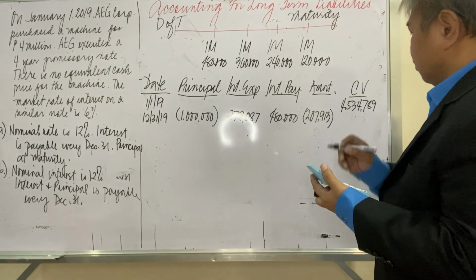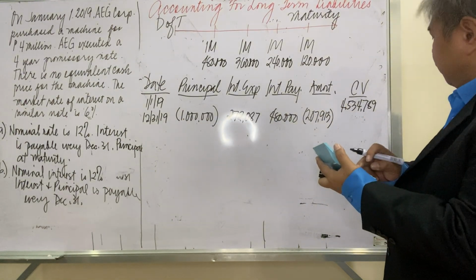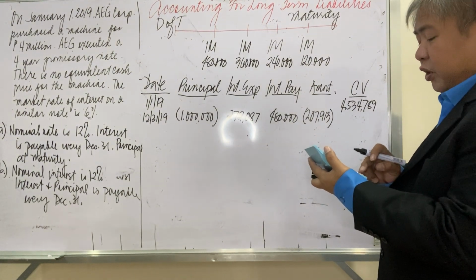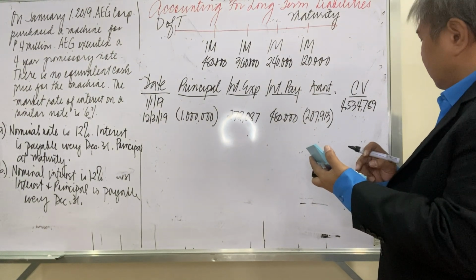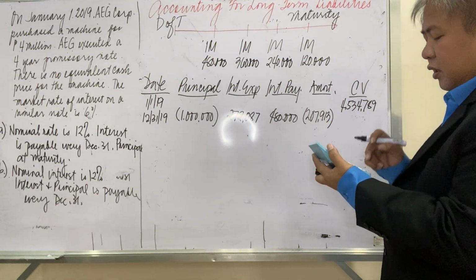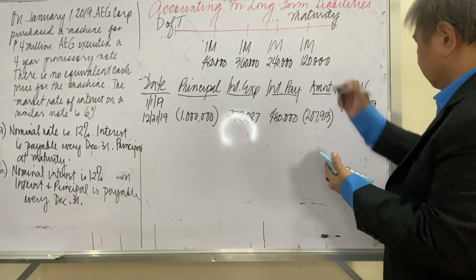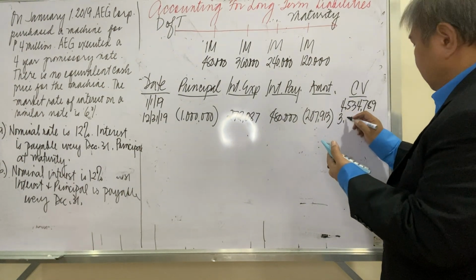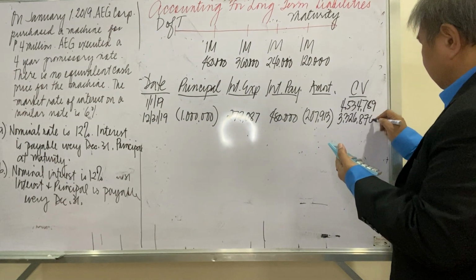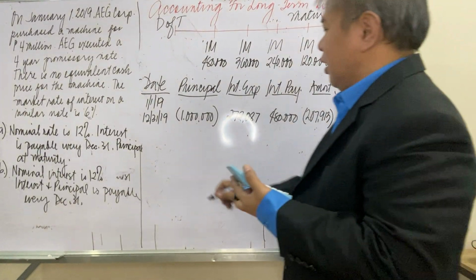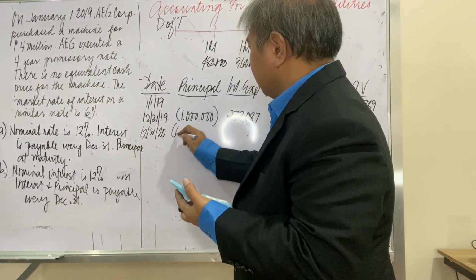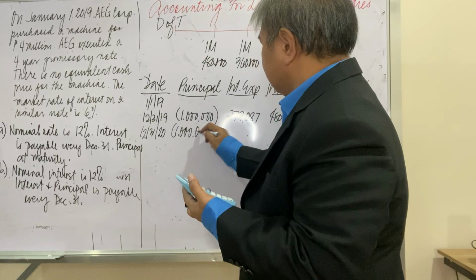So that's 4,534,789 minus the 1 million principal payment minus 207,913. So this is 3,326,876.